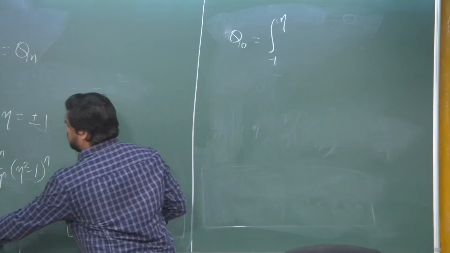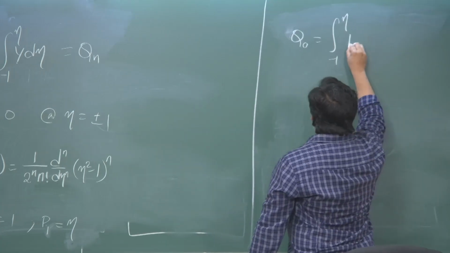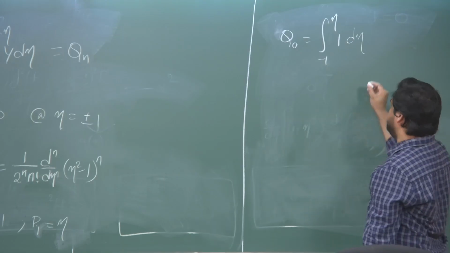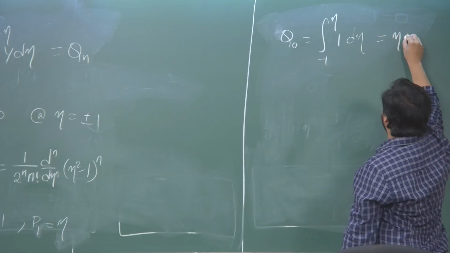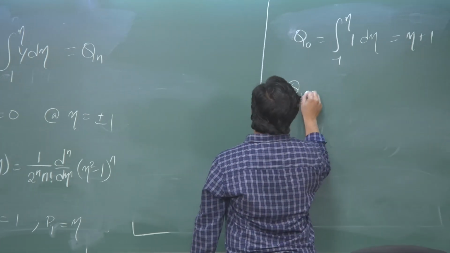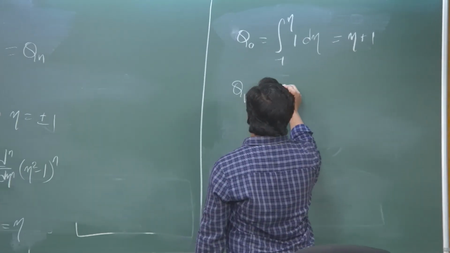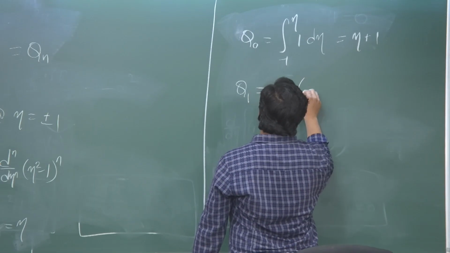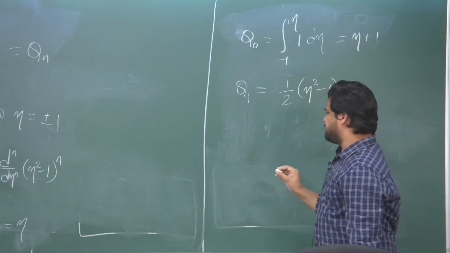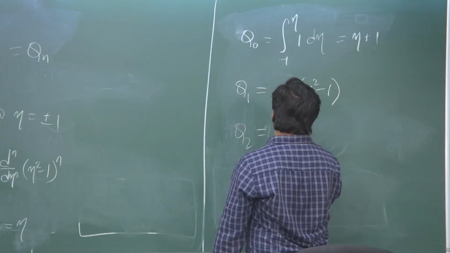My P naught is 1, so here it will be the integral of 1 d eta. If you do the integration, you will get eta plus 1. Similarly, if you do for Q1, you will get half of (eta square minus 1) squared. This is the form.